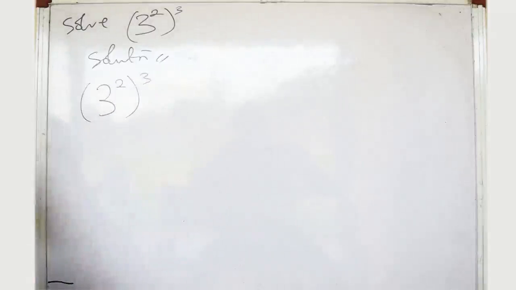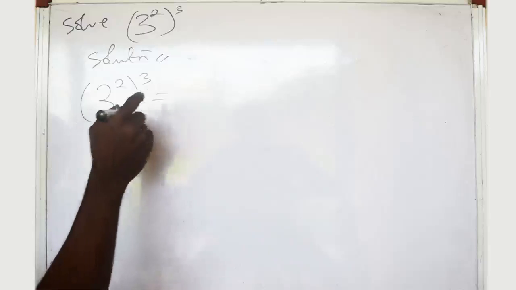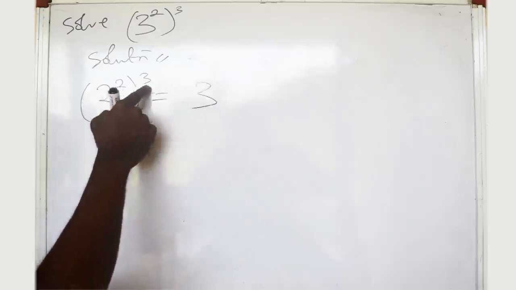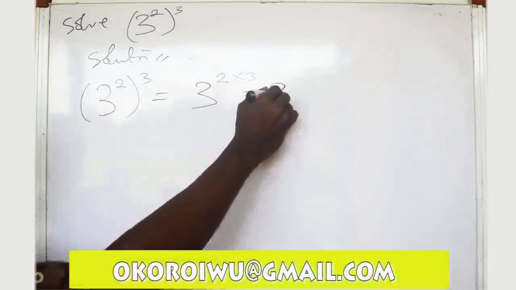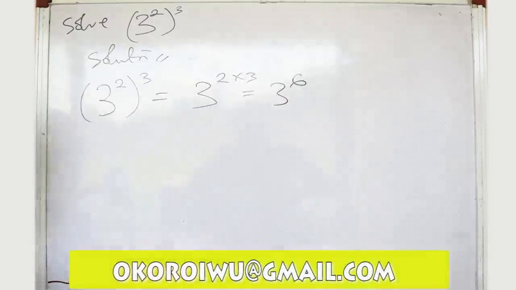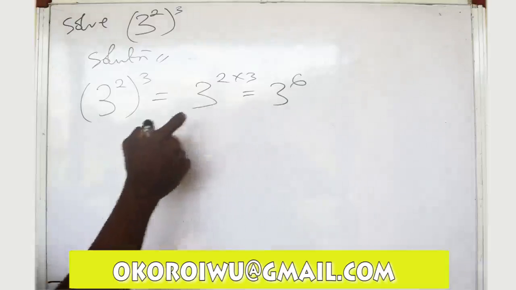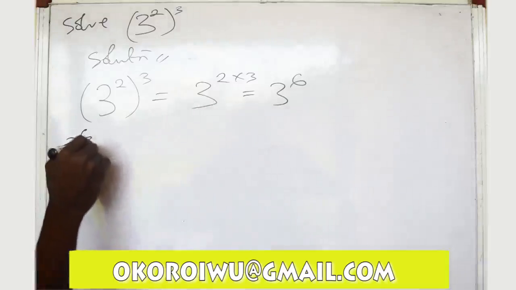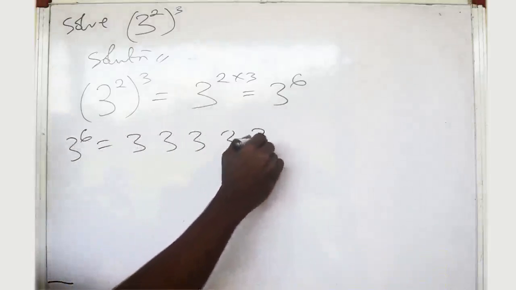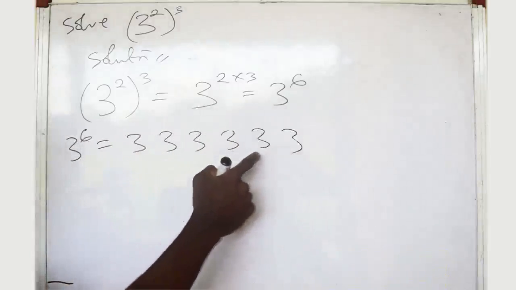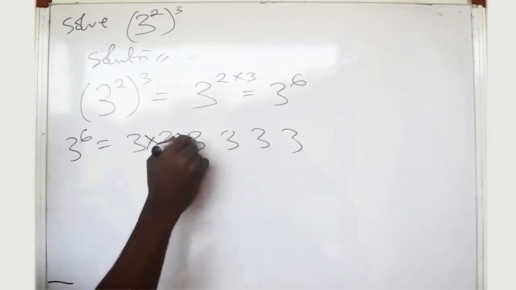If you do it this way, you write down the base and use the power to multiply the power. We have 2 times 3. This is 3 raised to the power 6. 3 raised to the power 6 means repeat the base, which is 3, to the value of the power: 1, 2, 3, 4, 5, 6. Then we put multiplication in between.